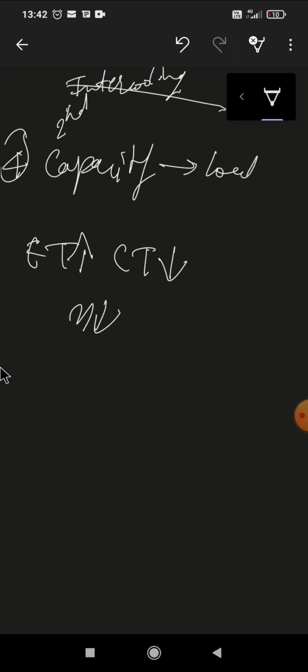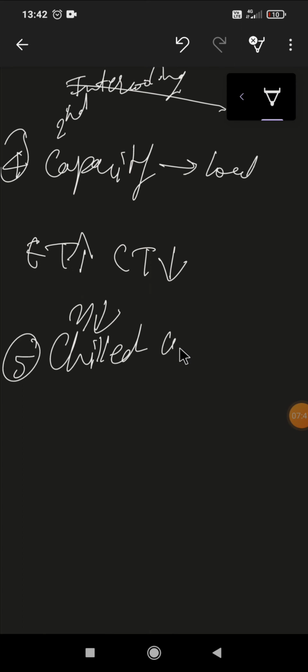Then the fifth point is chilled water storage. Depending on the nature of the load, it is economical to provide a chilled water storage facility with good cold insulation.